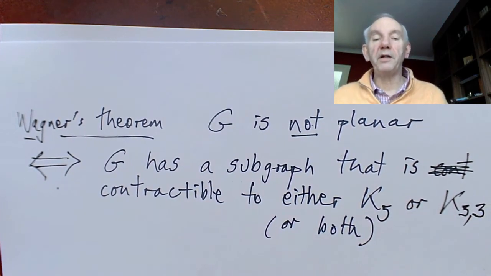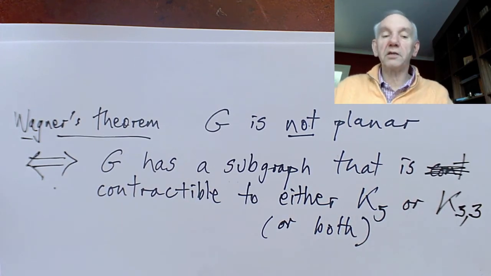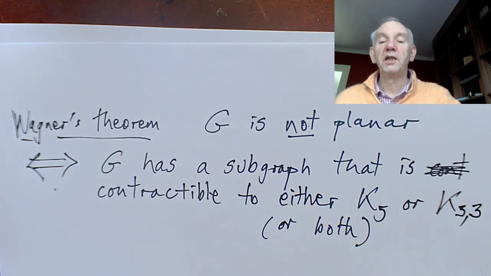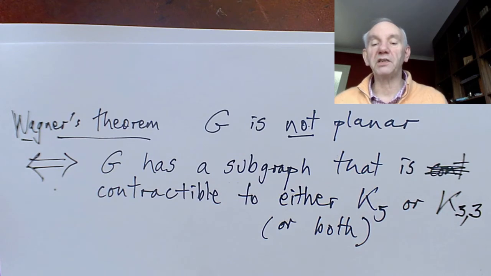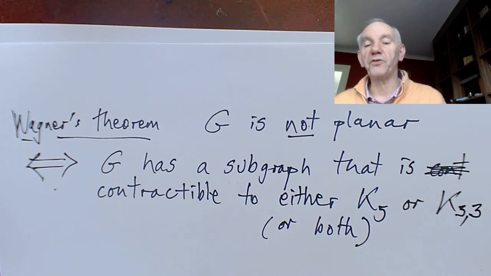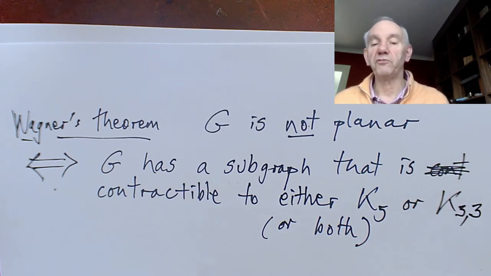So yet again, what this theorem is saying, just like Kuratowski's theorem, is that somehow the presence of K5 or K33, in this case it won't be quite as obvious because you don't see them as subgraphs with vertices of degree 2. You have to do some work to see them. But somehow their presence detects the fact that the graph is not planar.